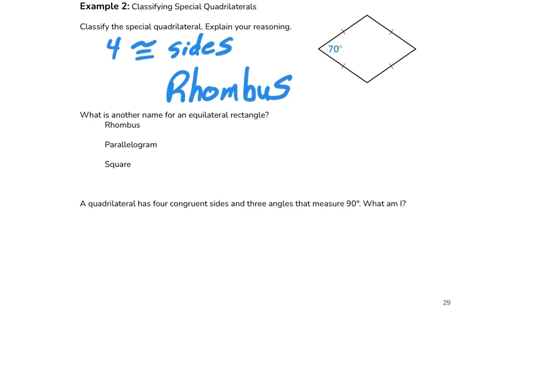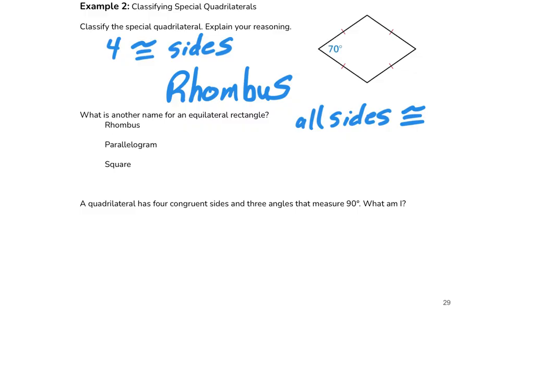What is another name for an equilateral rectangle? What does it mean to be equilateral? All sides are equal, okay? So all sides are congruent. That's what it means to be equilateral. If it's a rectangle, what's that tell me about the angles?